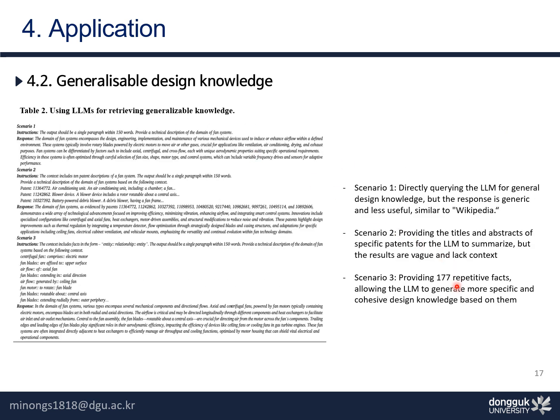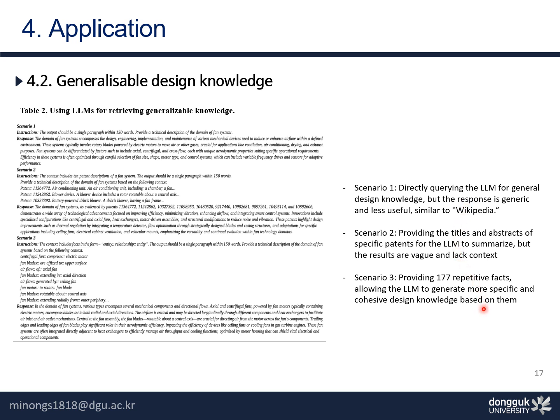In the design process, there is a need to explore or convey generalized knowledge about the product domain. Three scenarios were used to apply LLMs in the fan system domain. Scenario 1 requested general knowledge from the LLM, obtaining Wikipedia-style responses that were not useful in the design context.